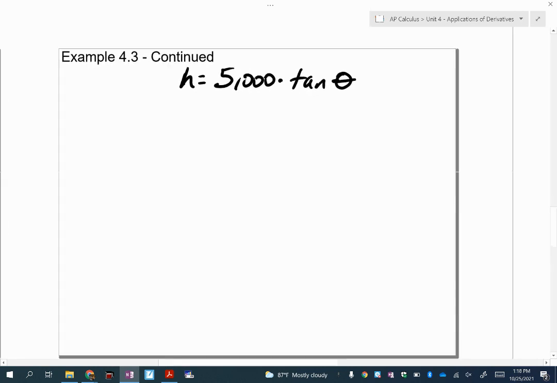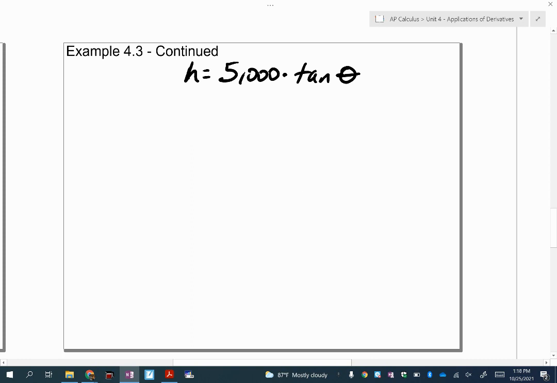And so taking this derivative with respect to time, you're going to have dh over dt, and this is just a constant multiple, so 5,000 times the derivative of tangent, which is secant squared theta, and then with the chain rule, we have the derivative of theta with respect to time. Okay, so that's the next step, to find that derivative.